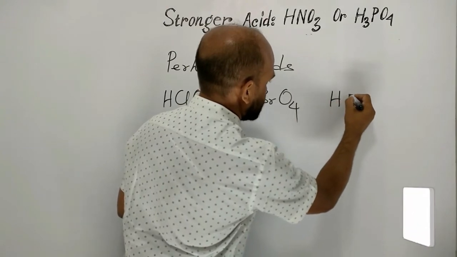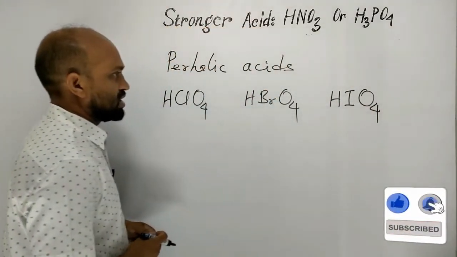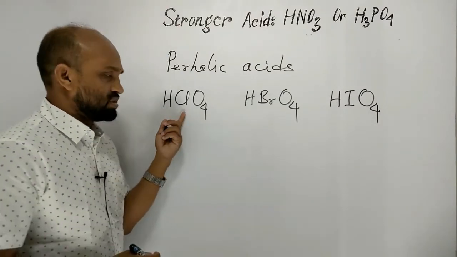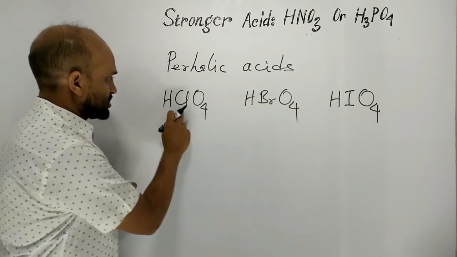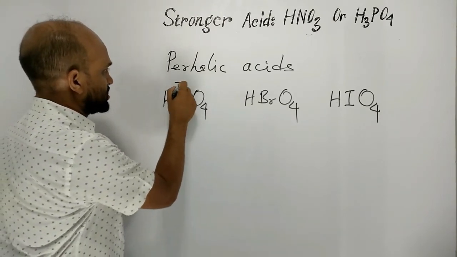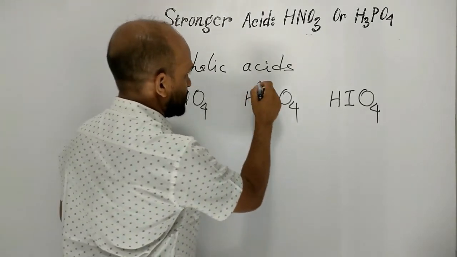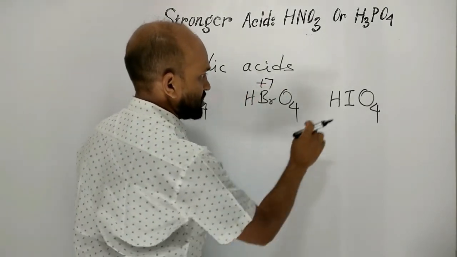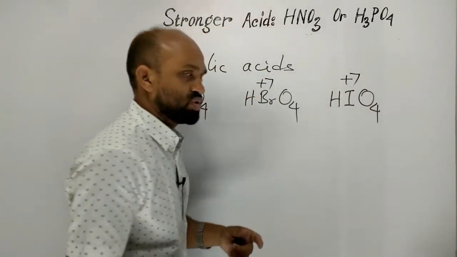And HIO4, periodic acid. In case of perchloric acid, the oxidation number of chlorine is +7. Here bromine is +7, and for iodine +7 too.